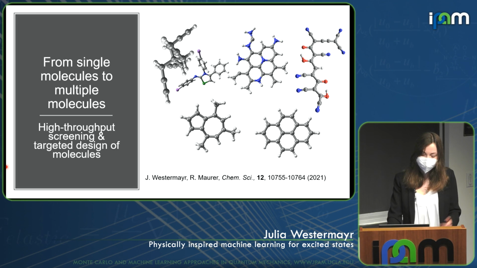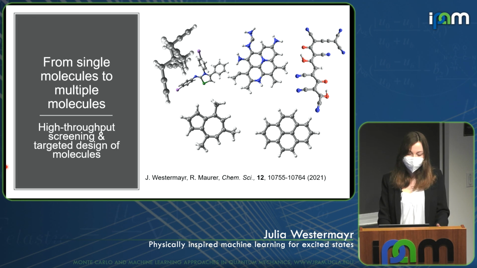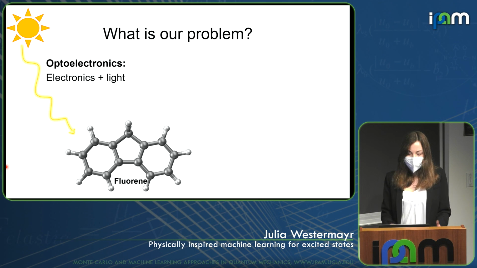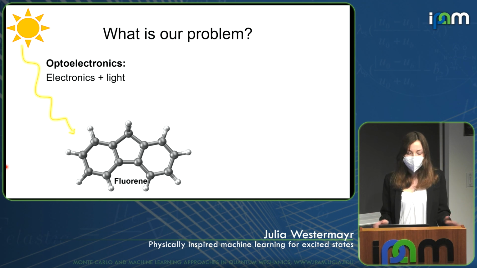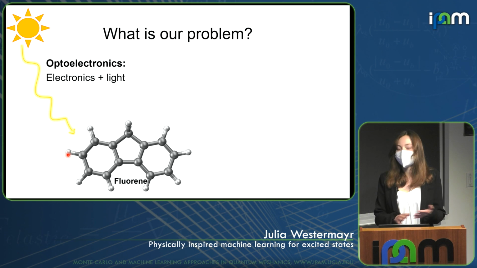This was really challenging because we didn't even know whether we could have transferable excited states, so we started with this. The problem we looked at was, if we want to design a new optoelectronic material, then we need to screen many, many molecules and find the best one. Traditional design approaches usually start with a molecule that we know is relevant, like fluorene, for instance.